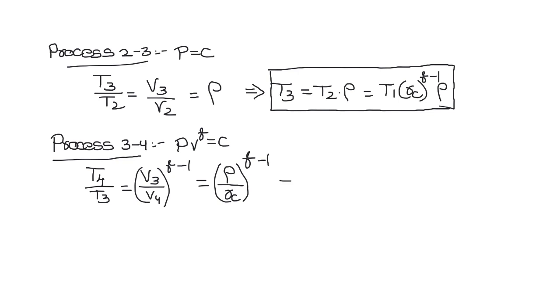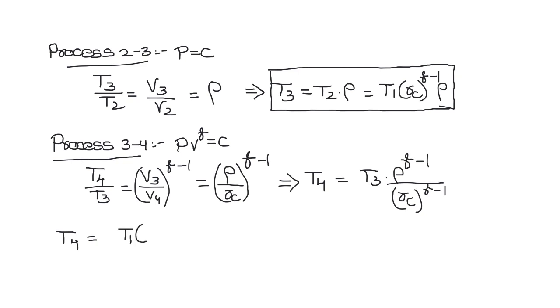So T4 is equal to T3 into rho power gamma minus 1 by Rc power gamma minus 1. T3 can be written as T1 into Rc power gamma minus 1 into rho power gamma minus 1 by Rc power gamma minus 1.